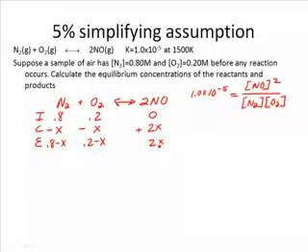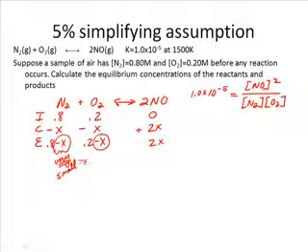Well, what that means is that this value right there is going to be very small. Same thing with this one. In other words, the change in our reactant concentrations is going to be very, very tiny. And we're just going to make an assumption and assume that the change is negligible.